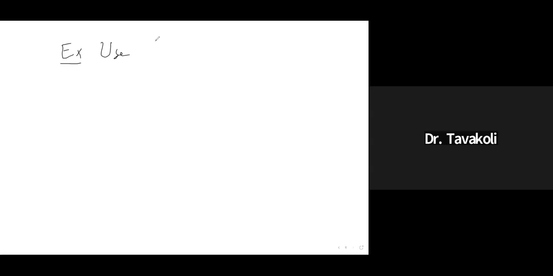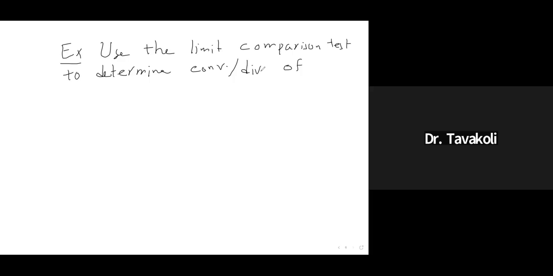So use the limit comparison test to determine convergence or divergence of sigma of 1 over the radical of (k to the 5 minus 2k plus 10), as k runs from 1 to infinity.